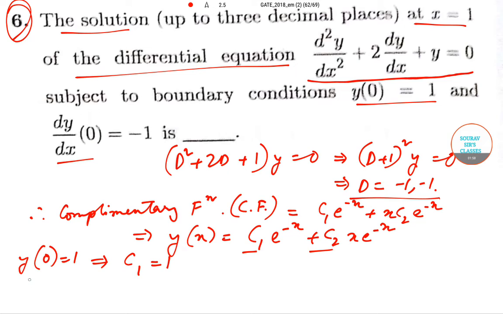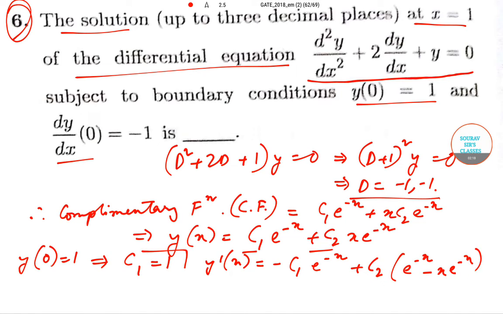Now let us find out the value of y dash x. So y dash of x will give us minus C1 e to the power minus x plus C2 into e to the power minus x minus x e to the power minus x.